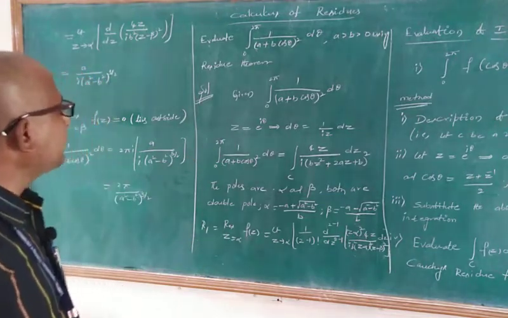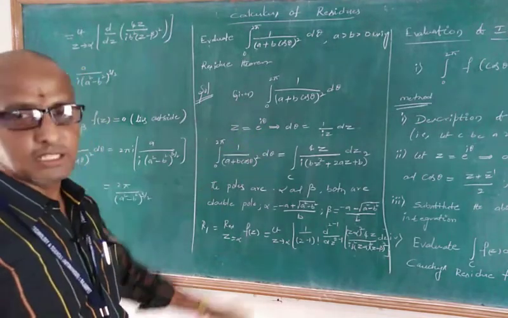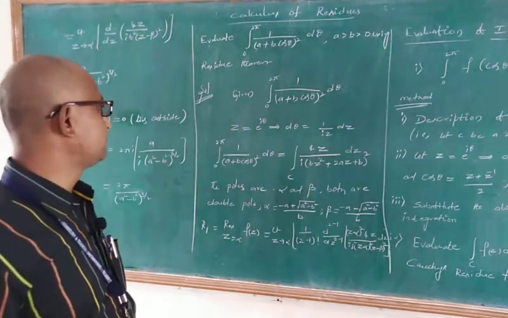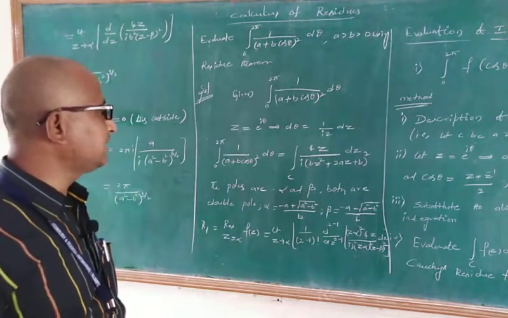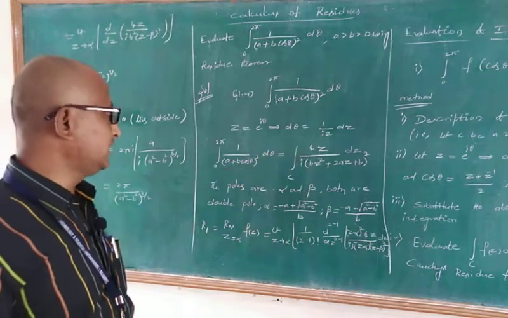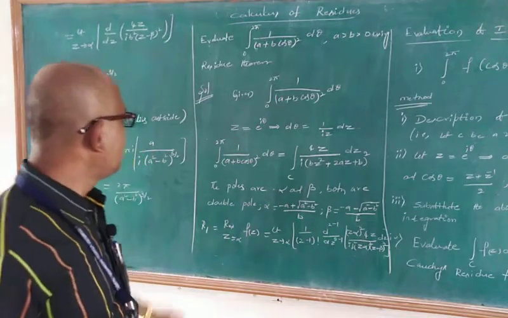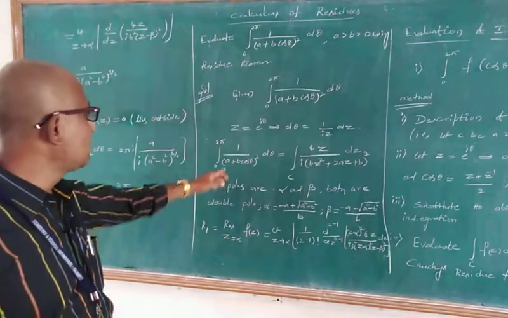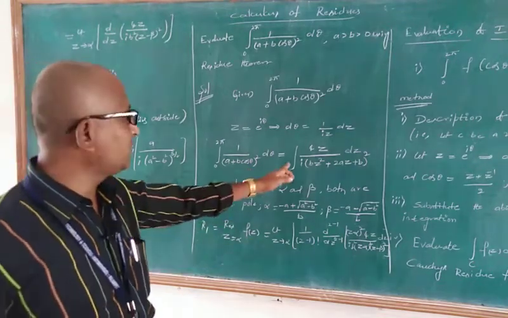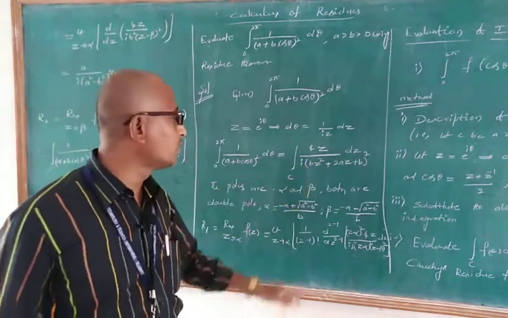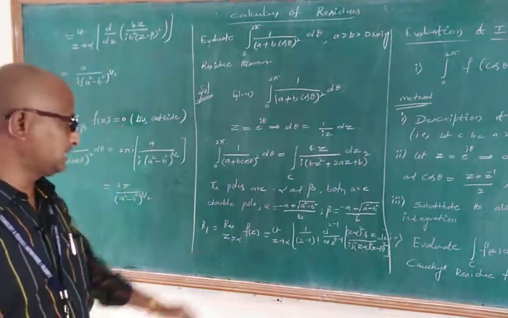Solution: given the integral from 0 to 2π of 1 divided by (a + b cos θ) whole square dθ, let z = e^(iθ), which implies dθ = (1/(iz)) dz. Substituting these values, the integral equals 4z divided by i(bz² + 2az + b)² dz.